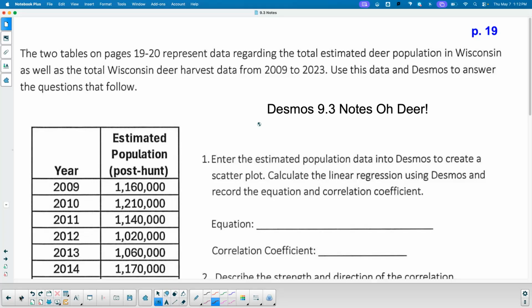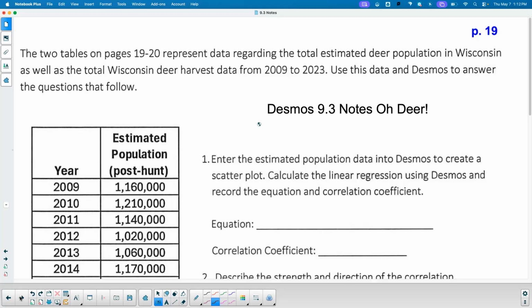Got to have some good practice. The 2 tables represent data regarding the total estimated deer population in Wisconsin, as well as the total deer harvest data from 2009 to 2023. We're going to use this data and Desmos to answer the questions that follow.